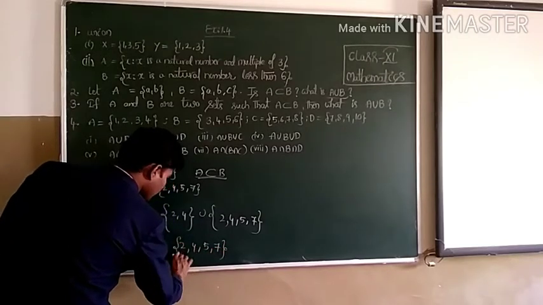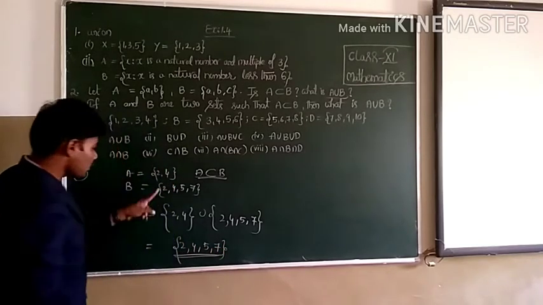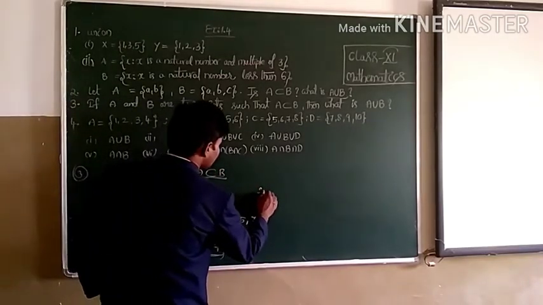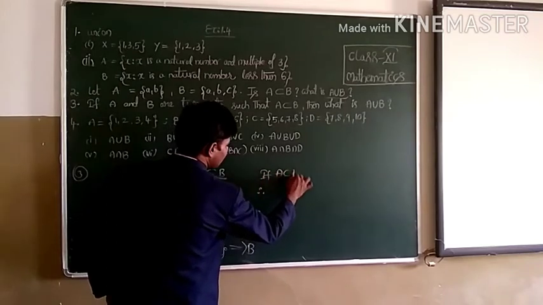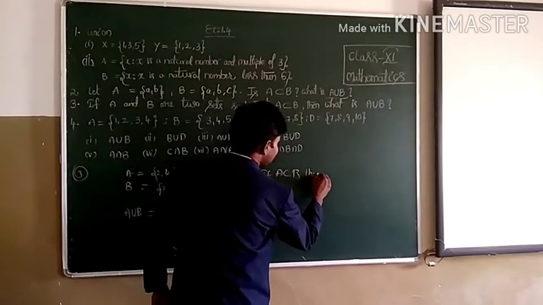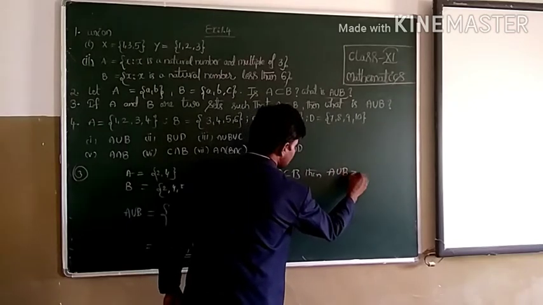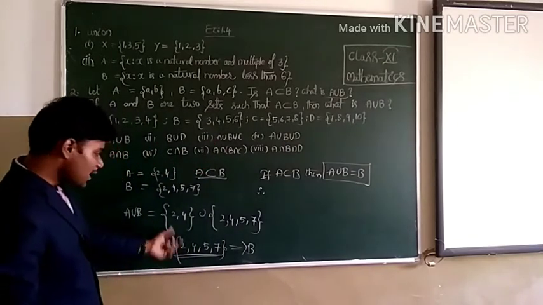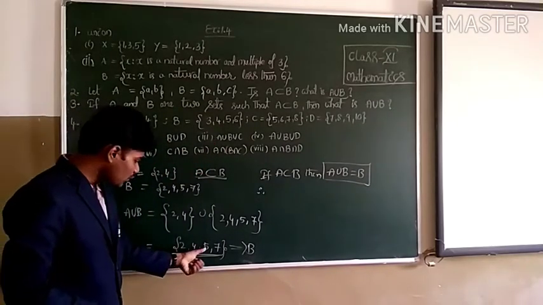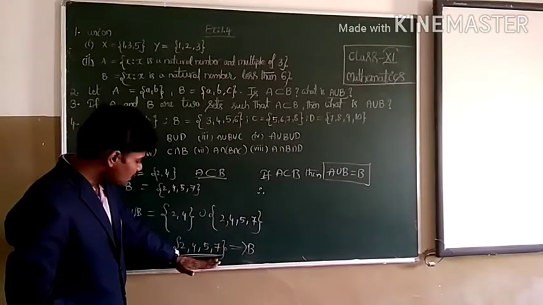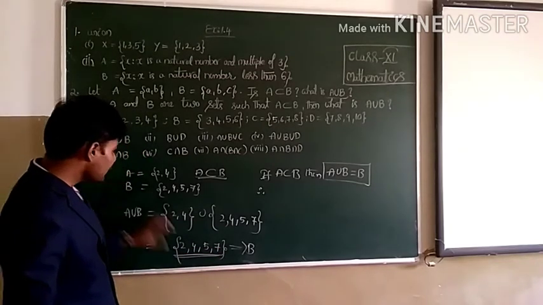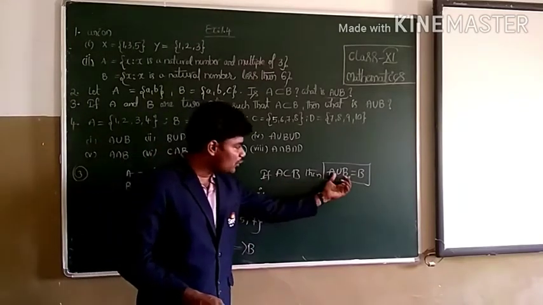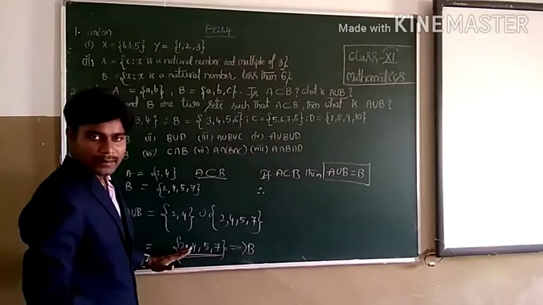So again 2, 4, 5, 7 represents the set B. So finally we can conclude that if A is a subset of B, then A union B is equal to B. This condition is important. Right? Here we can clearly observe that A union B is 2, 4, 5, 7, and this set represents set B. So if A is a subset of B, then A union B is equal to B. Okay?